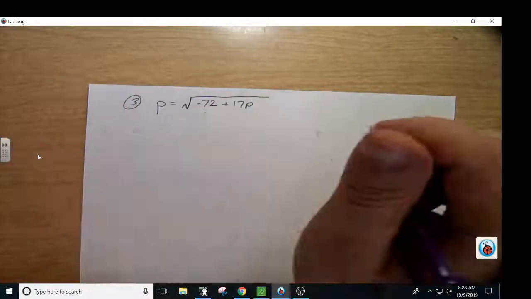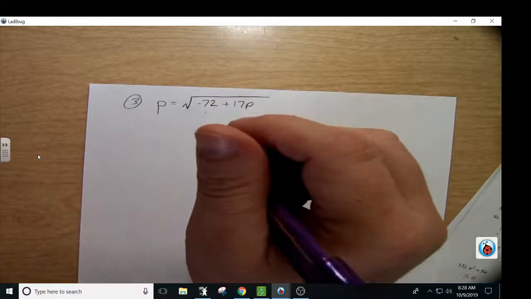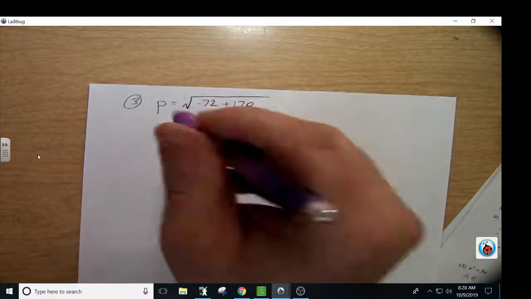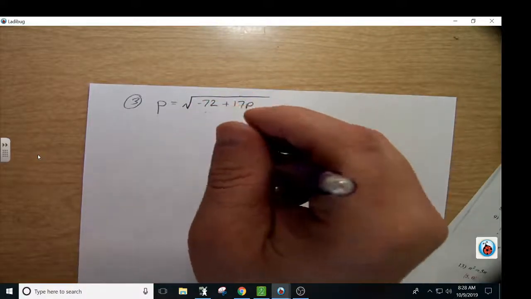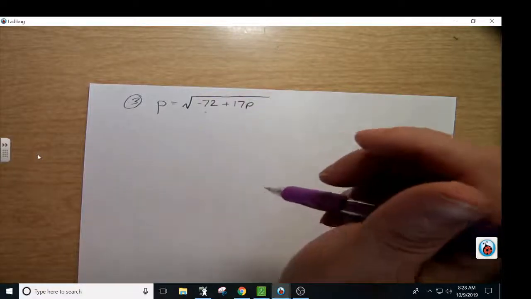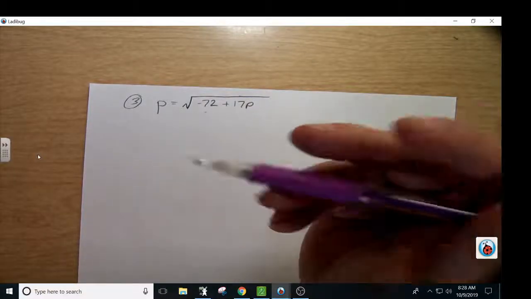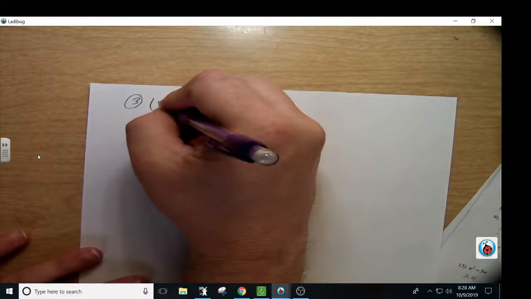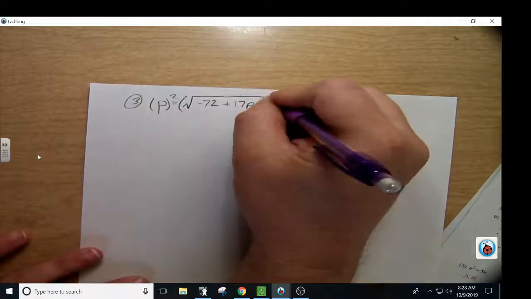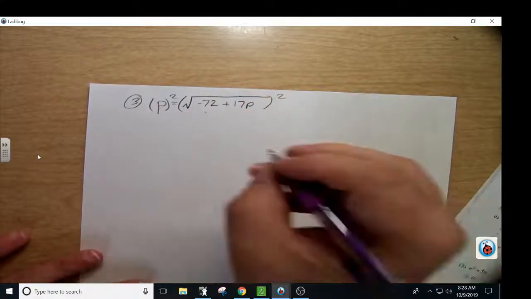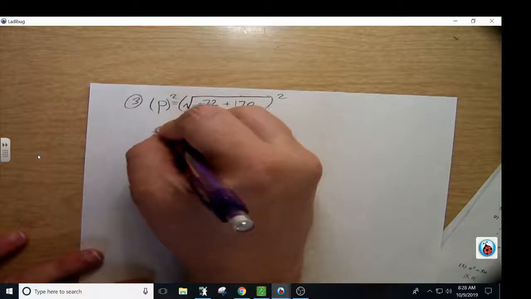Now, guys, can I really do anything yet until I get rid of this square root, I mean? So how do I get rid of it? You square it, right? So, all right, now, that gives me P squared equals.